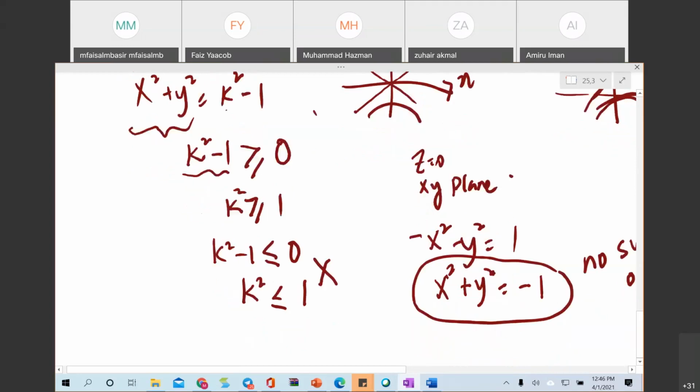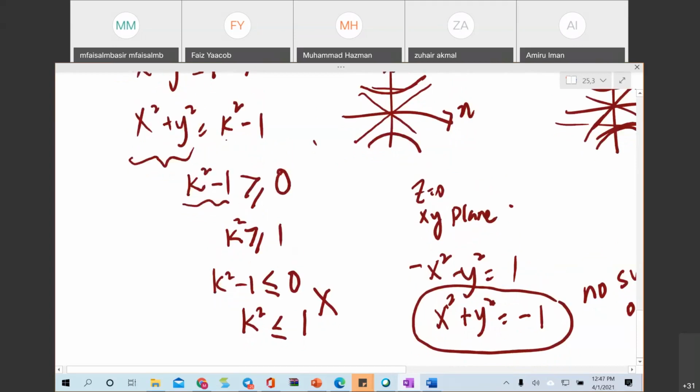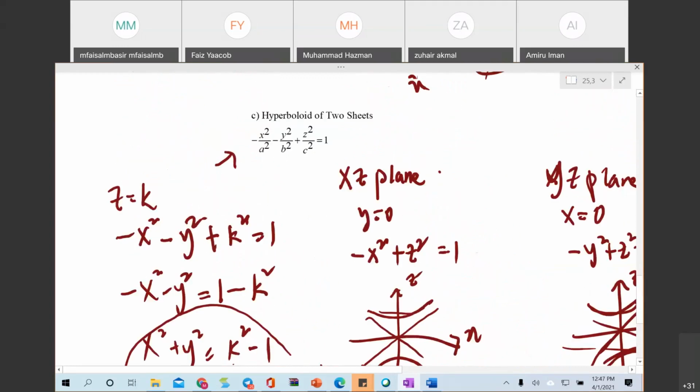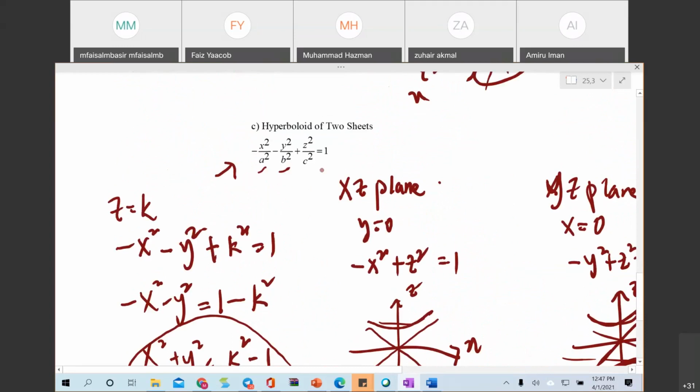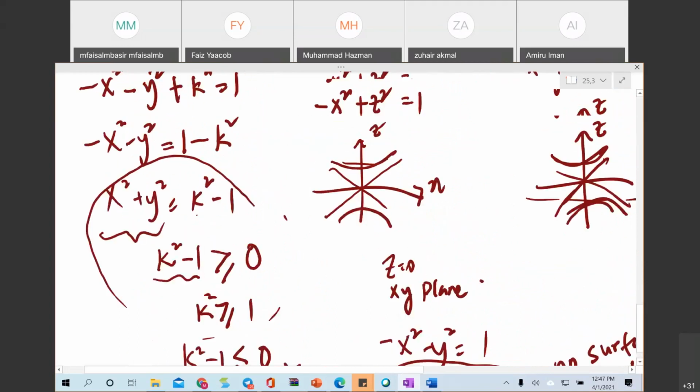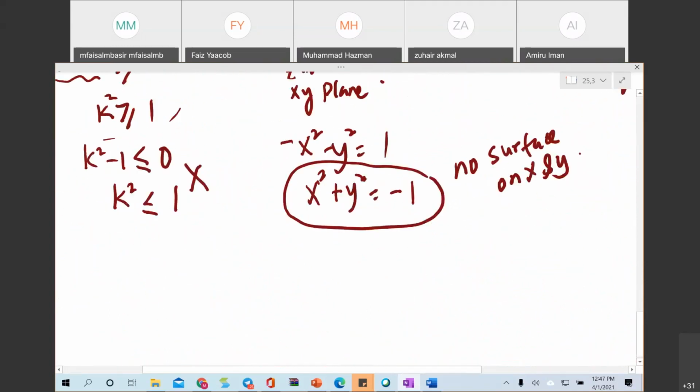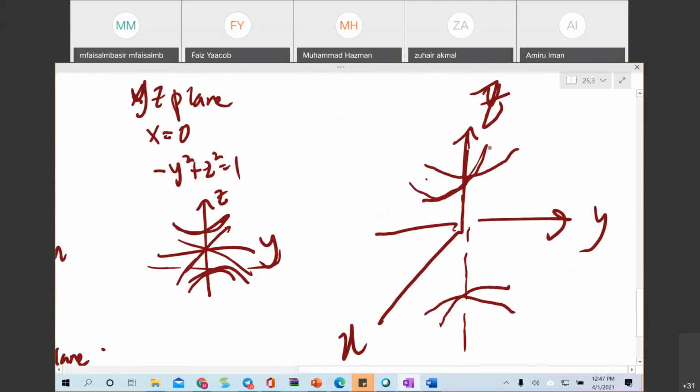So if it is like this, it is a circle, right? This is a circle or ellipse; if ellipse, we must include a, b, c. So inside here will be the circle.